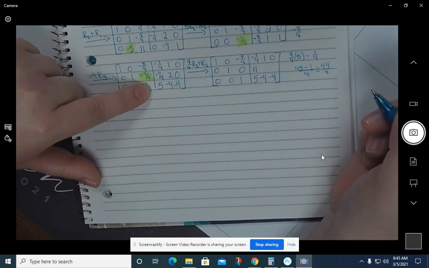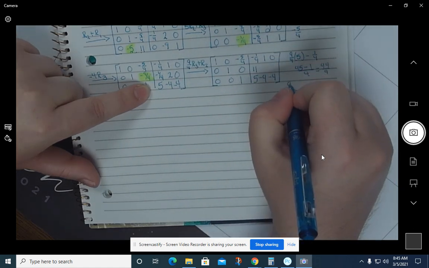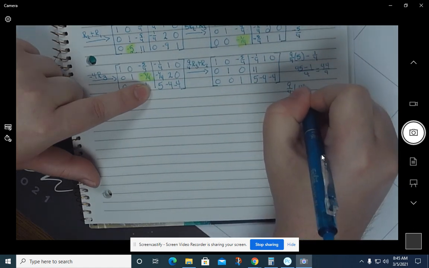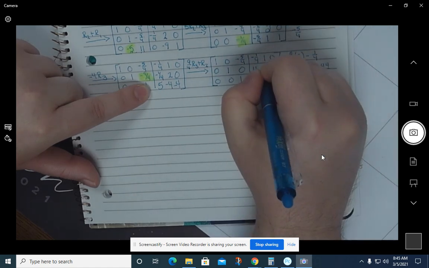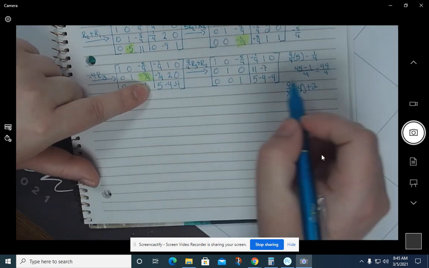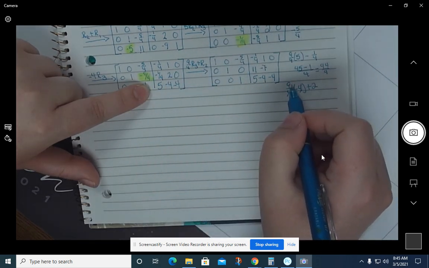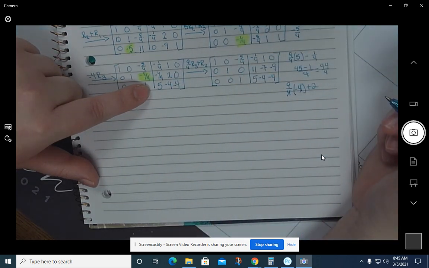So that's an 11. Then I've got 9/4 times -4 plus 2. Well, these 4's cancel. -9 plus 2 is a -7. And then 9/4 times a -4, we've already said is -9 plus 0. So this is a -9.